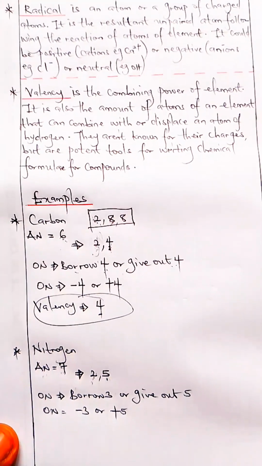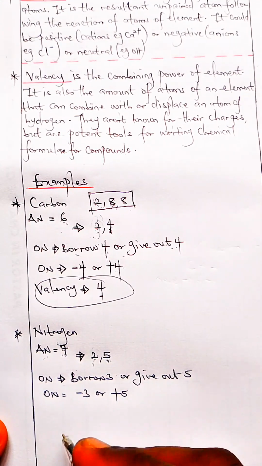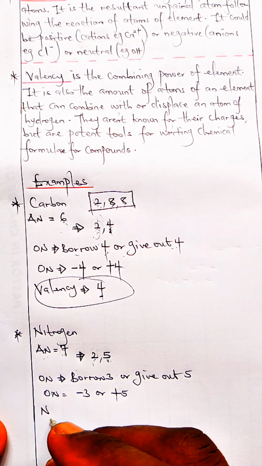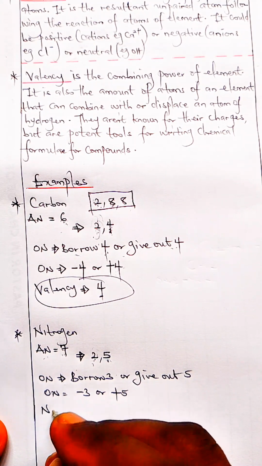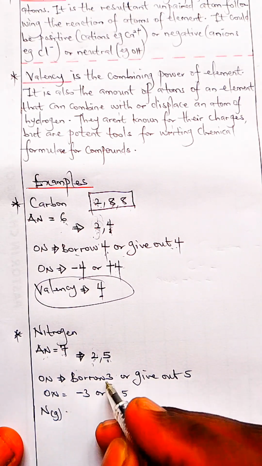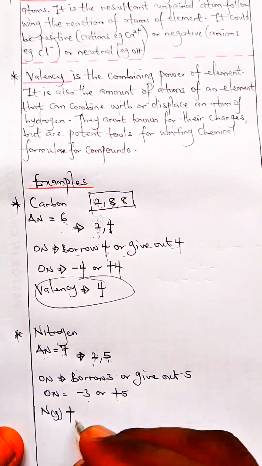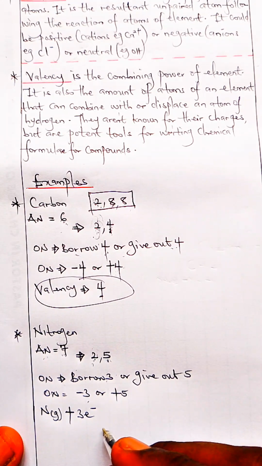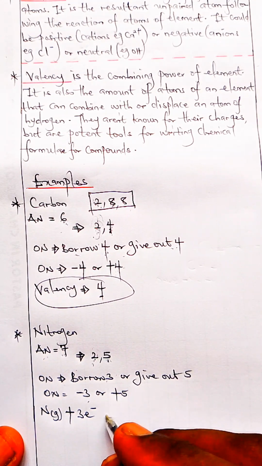Now let's do a couple of calculations on that. Nitrogen is a gas, but I don't want to talk about the nitrogen molecule, just one atom of it. We bring in 3 electrons, and an electron itself is negatively charged.